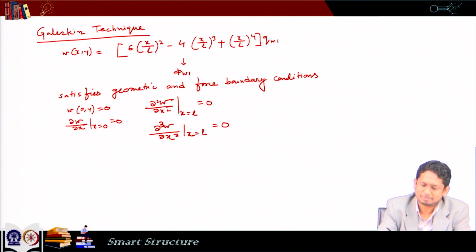So we need to make sure that minimum 4th order derivative exists, because that is the highest order of derivative that would appear in our equation.